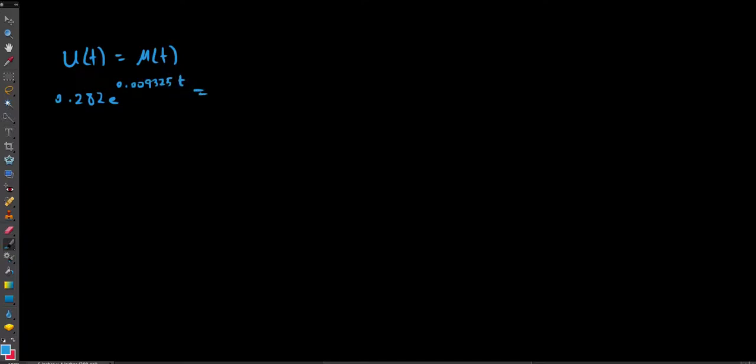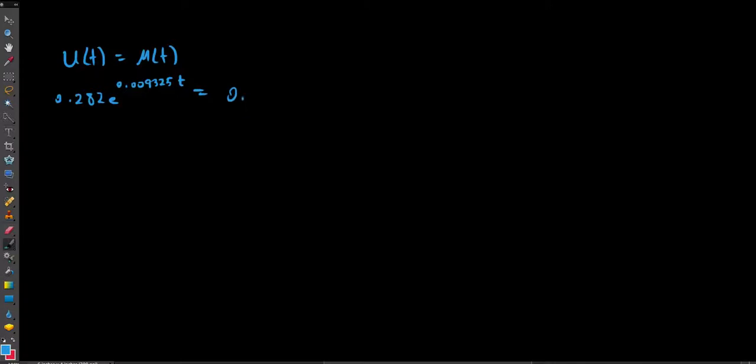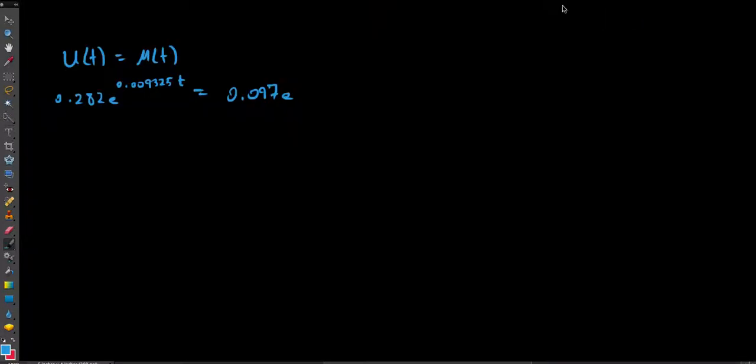We're going to set this equal to Mexico's population model, which was 0.097 e to the, and in this case, what was it, 1.2%? Yeah, so 0.012 t. And so we're going to solve for time.